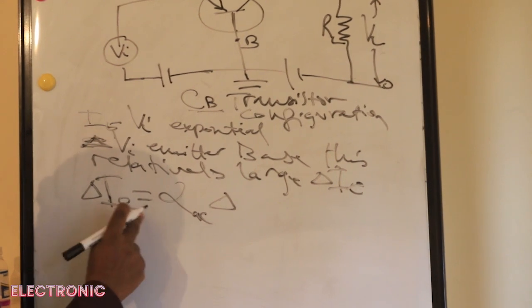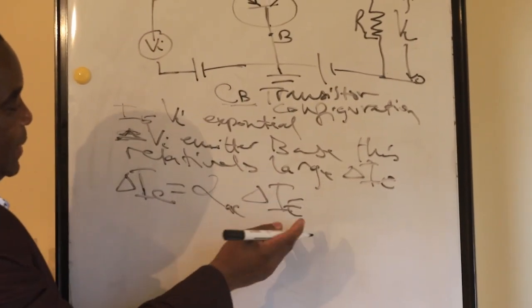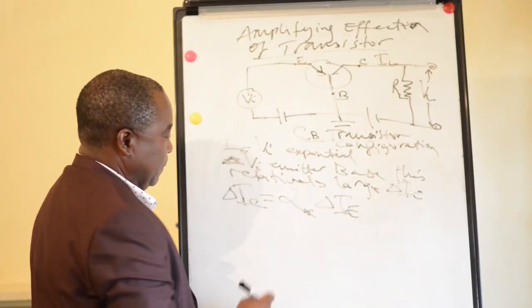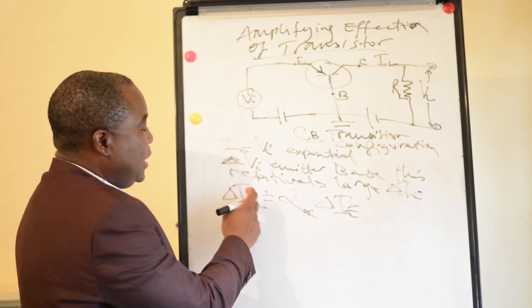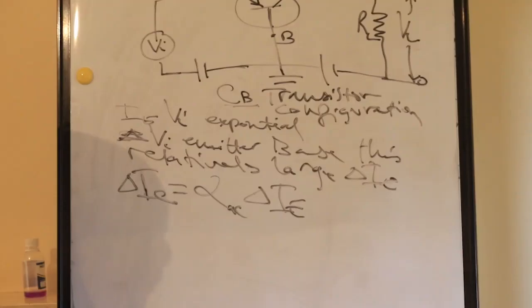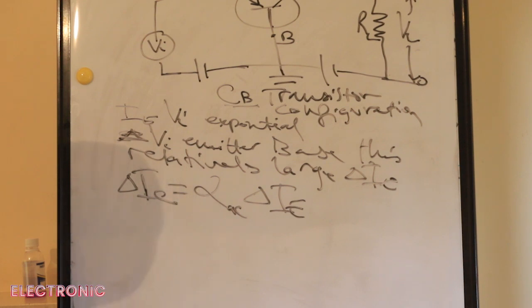This is a change of collector current and also a change in emitter current. It is a relationship between a change in collector current and the input emitter current. So this is a factor. It's called a large current gain.